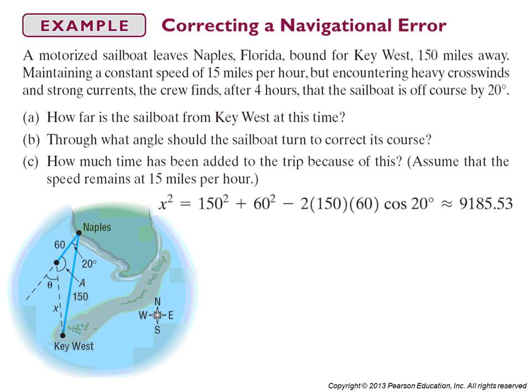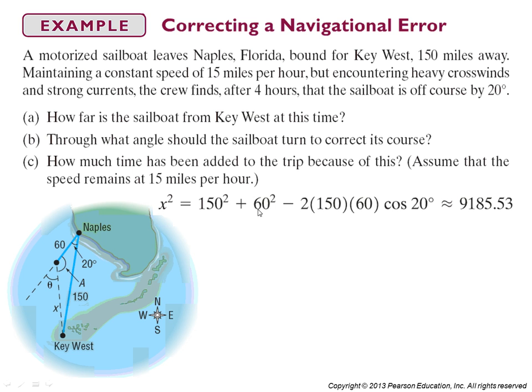All right, so we're going to law of cosines this. This value here is x. We have 20 degrees as our included angle, 60 and 150. So we're going to find x squared.